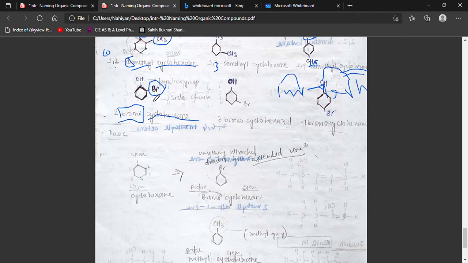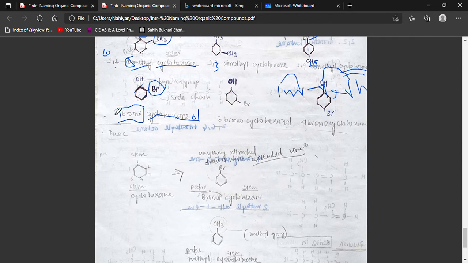One more thing: it has an OH group, and this is the main functional group. This is not a side chain, so it should be cyclohexanol. And having something else other than the functional group, bromine, it will go at the front. So this is in the second carbon, so it's 2-bromo.